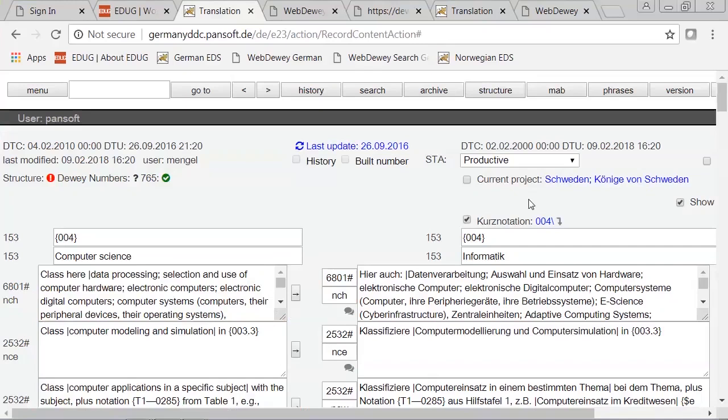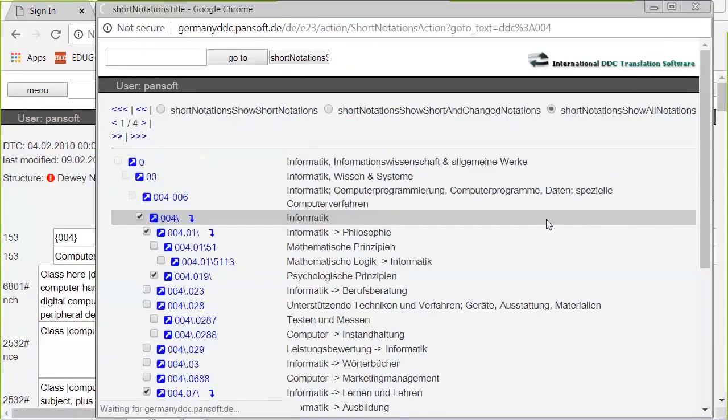So what they needed is a support inside the translation software to express that some numbers should be shortened and where to be shortened. And for that, we introduced in the translation software a feature which is enabled only for the German team, which allows, in this example for the number 004, to express that some Dewey numbers should be shortened at that point, and other Dewey numbers should be shortened at another point.